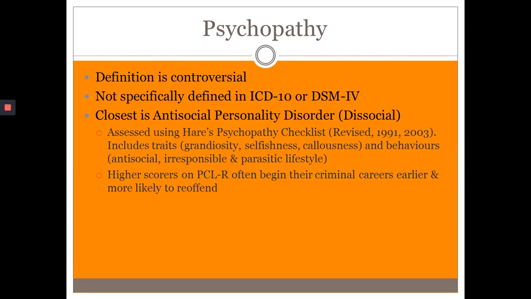So the kinds of traits and behaviours: traits are usually attitudes. Behaviours are more things people actually get on and do. So in terms of attitudes and outlooks, extreme selfishness. Now a lot of you might know people who are quite selfish. That doesn't necessarily mean they're psychopathic or have APD.